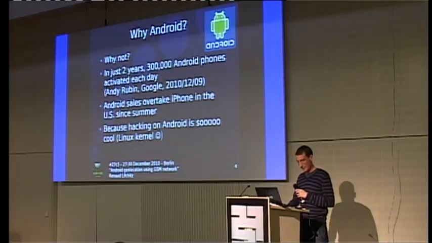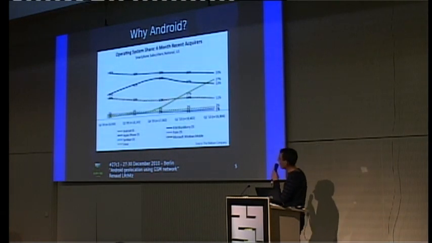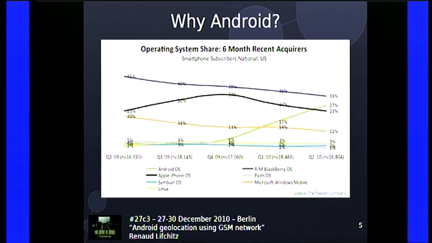So Android is now a big part of the phone market nowadays. And the last point is that hacking with Android is very cool. You have a true, real Linux kernel, so you can hack many, many things. These are the market shares for Android phones, iPhones, BlackBerries. You see now Android is becoming the second largest market share in the US.